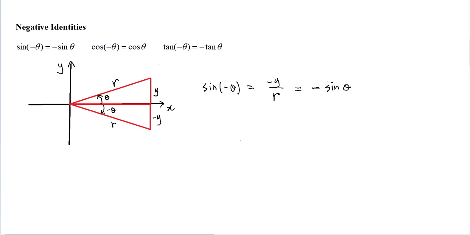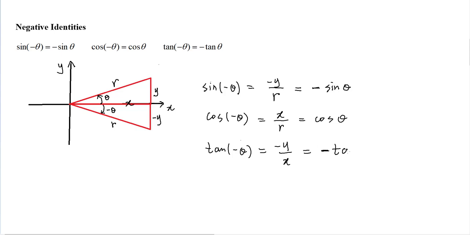For cosine of negative theta, it is x over r, because x is positive whether it's the quadrant 1 theta or the negative theta. So cosine of negative theta is cosine theta. Now tangent of negative theta is negative y over x. Because of that, that's the negative of tangent theta. These 3 of them are called negative identities.